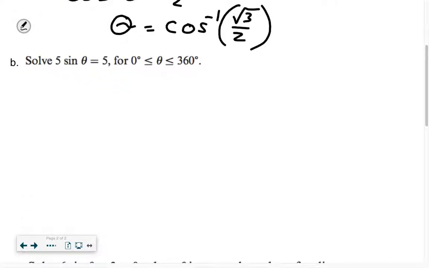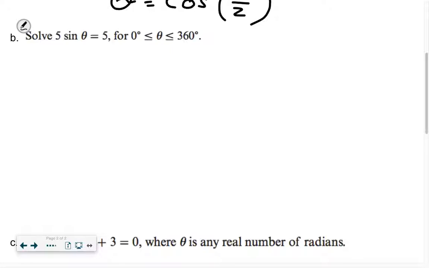Let's try another one. 5 times the sine of theta is equal to 5, for 0 to 360. Step number 1, what do we do? Yep, divide by 5.